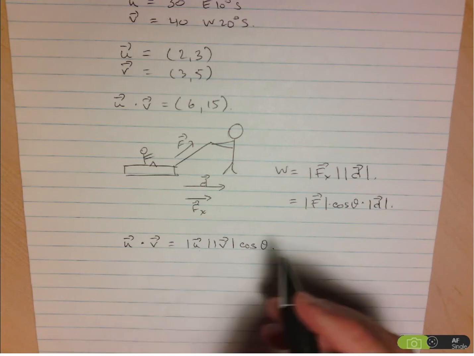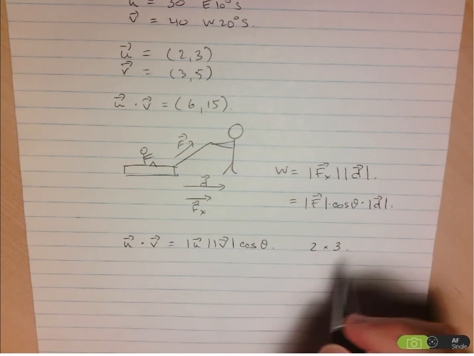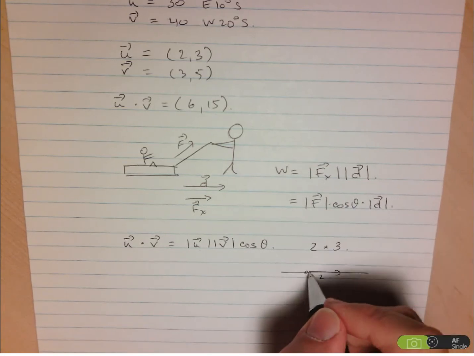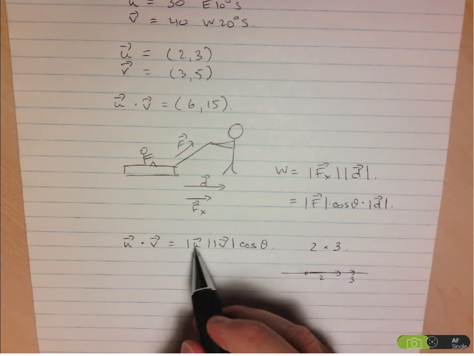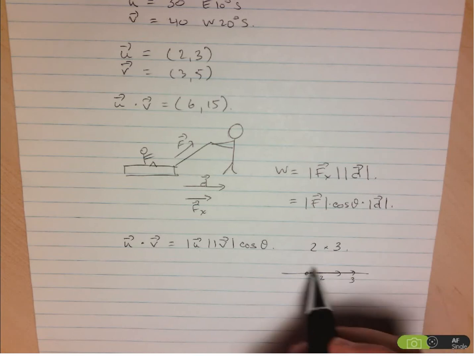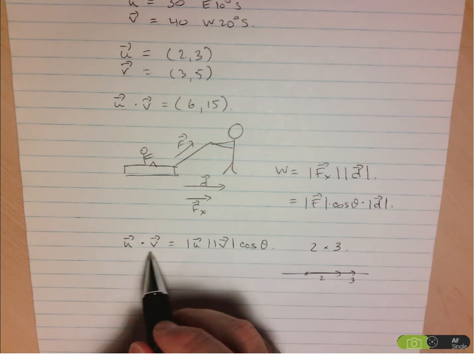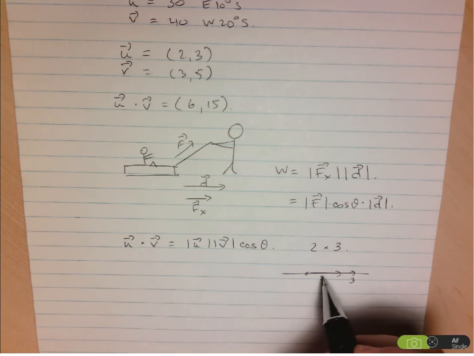Because if I've got 2 times 3, which we can represent as the vector 2 times the vector 3, and we use this definition, well, the magnitudes, 2 times 3 is 6, and since the angle between them is 0, the cosine is equal to 1, so this definition for multiplying vectors just collapses to a regular multiplication in one dimension.